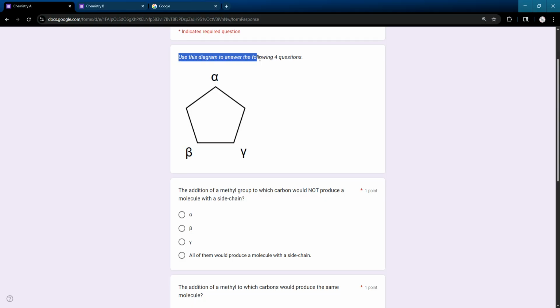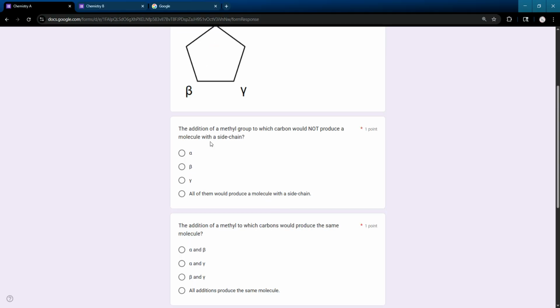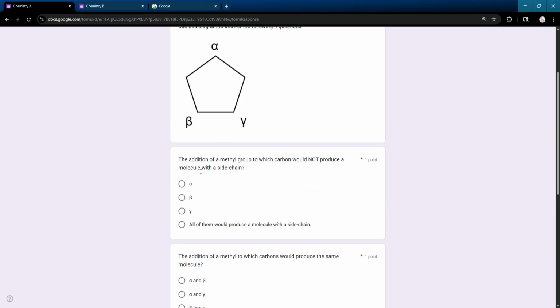Use this diagram to answer the following 4 questions. The addition of a methyl group to which carbon would not produce a molecule with a side chain? A side chain. I wonder what that means.